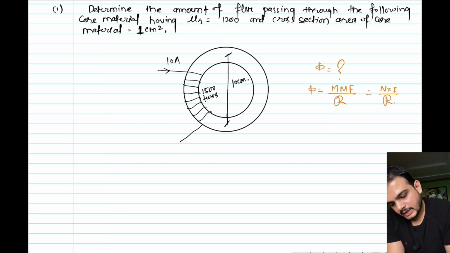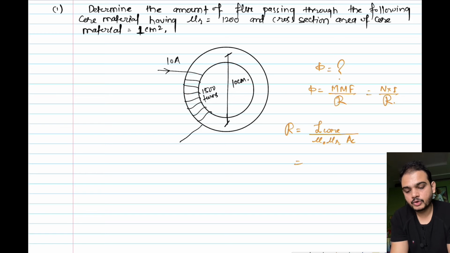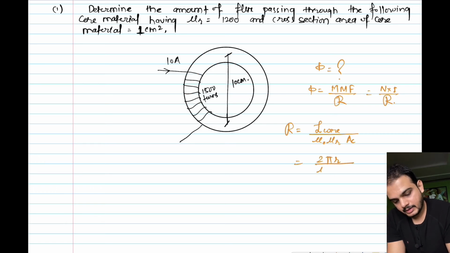Reluctance is equal to length of core divided by mu naught into mu r into area of core. For the length of core we need to take the mean length, which means the perimeter of the circle, 2 pi r.